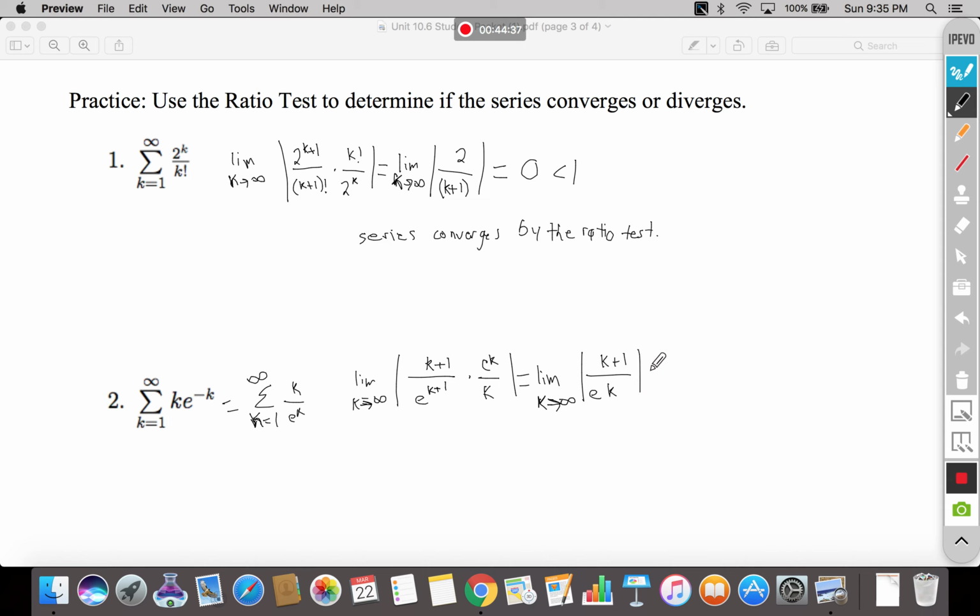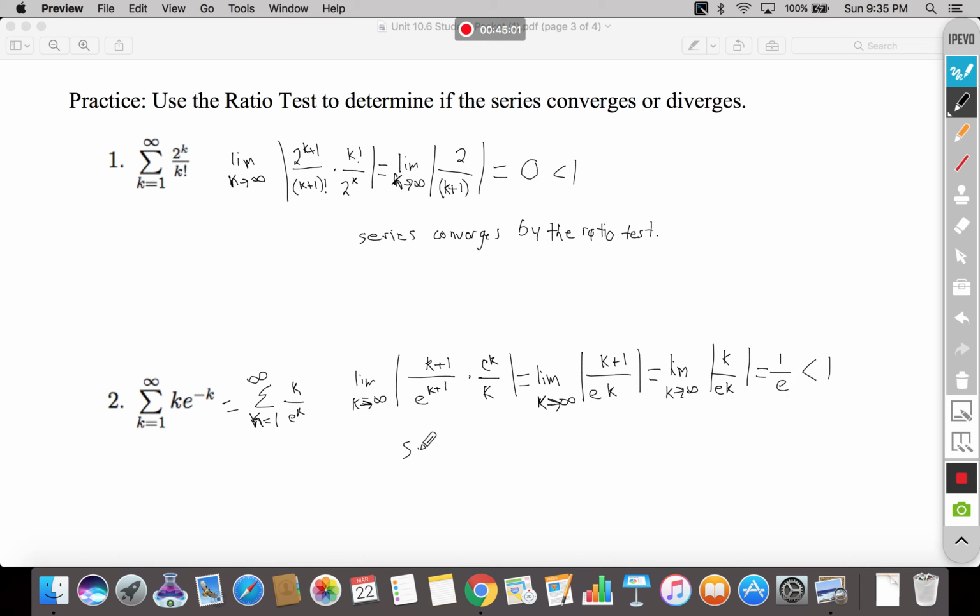As k goes to infinity, k would win up top. ek wins down here as k grows, which leaves me with 1 over e, k divided by k in terms of strength, 1 over e, which is less than 1.